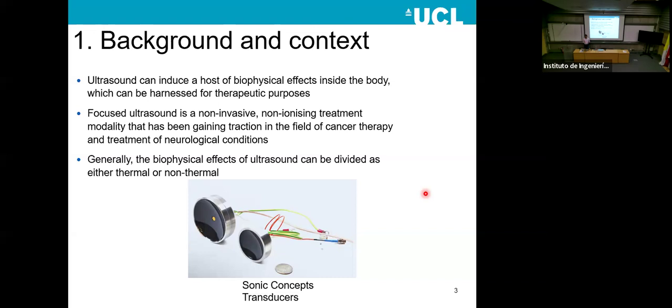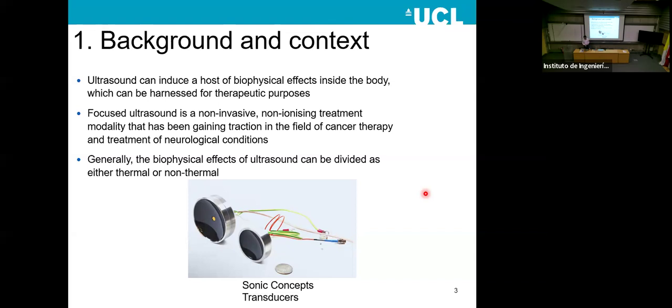And in some cases, at high intensities, you can thermally ablate tissue by concentration of the acoustic energy into a point region, which I'll describe later. And also you can mechanically fractionate tissue. So there is essentially a host of pathologies that you can treat with ultrasound.